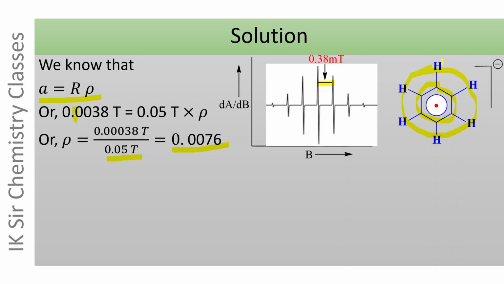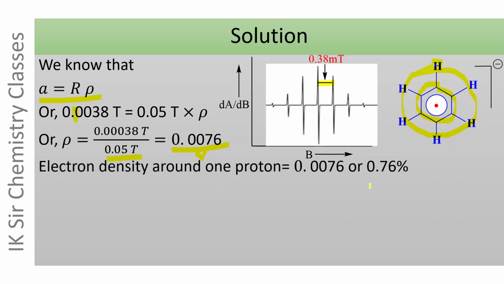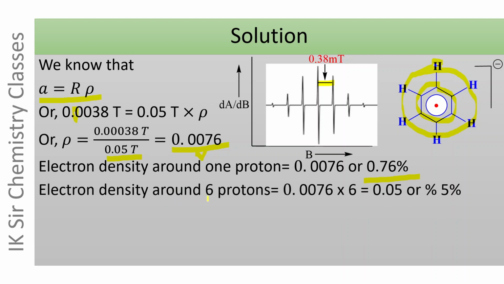The unpaired electron density around each hydrogen atom is 0.0076 or 0.76%. Electron density around 6 protons, there are 6 protons, it will be equal to 0.0076 into 6, that is 0.05.